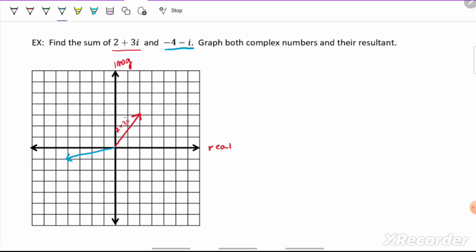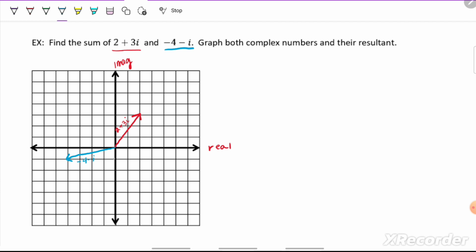Well, the sum is the resultant vector. To find the resultant vector, we're going to use the parallelogram rule. To draw in your parallelogram properly, because we're actually on a coordinate system here, not like before when we were doing vectors on blank white paper, we have to be a little bit more careful. When I put in my blue line up top, I'm noticing what happened when I drew my blue one in to begin with.